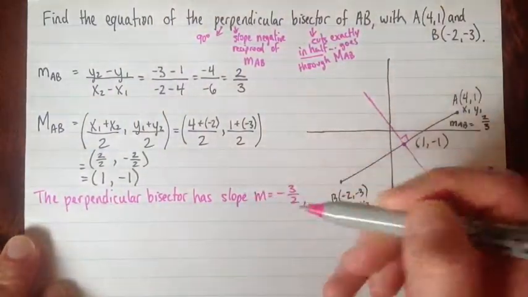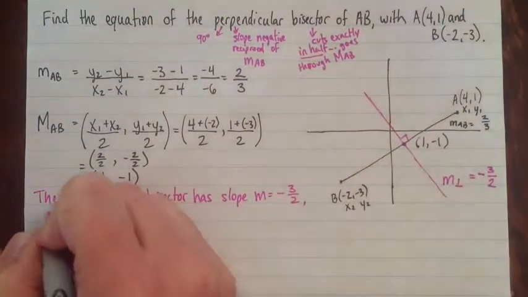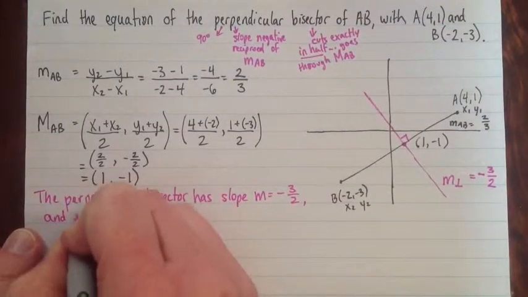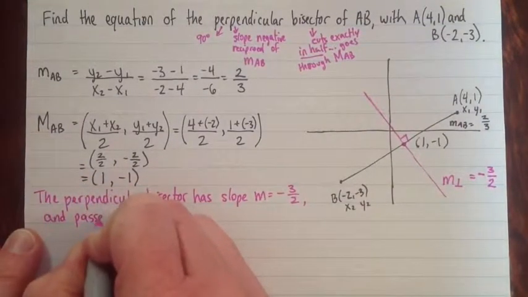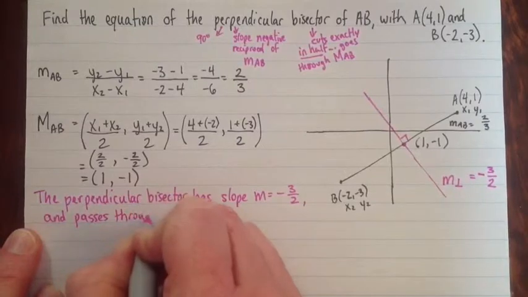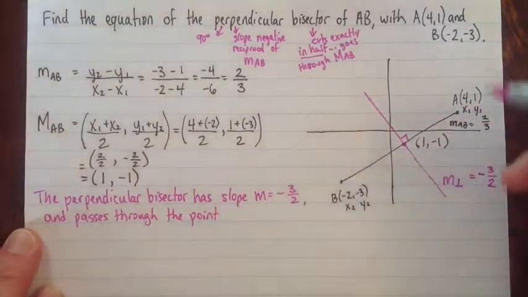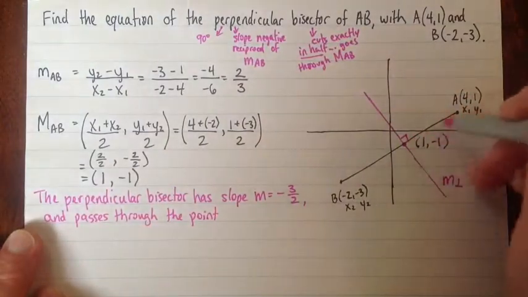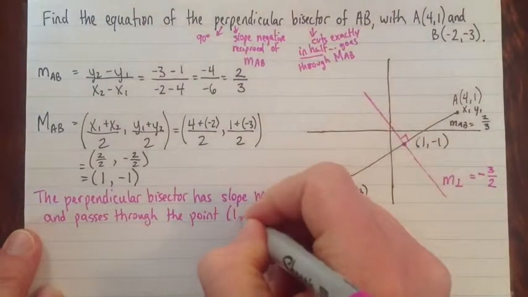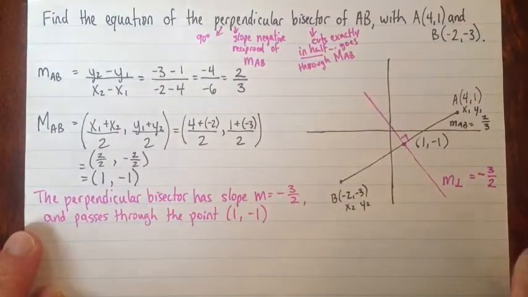That might be a bit redundant, because we're writing slope and m. And a perpendicular bisector passes through the point at the midpoint of AB. So 1, negative 1.